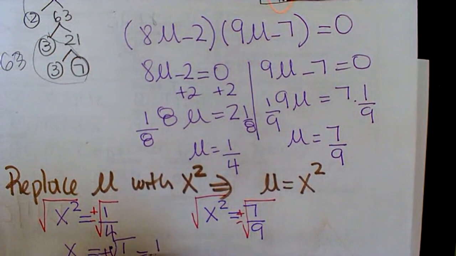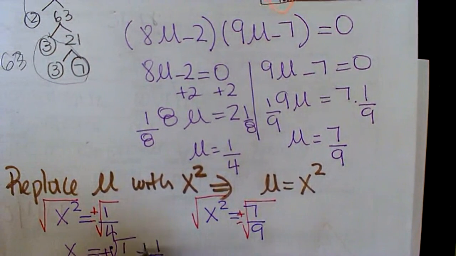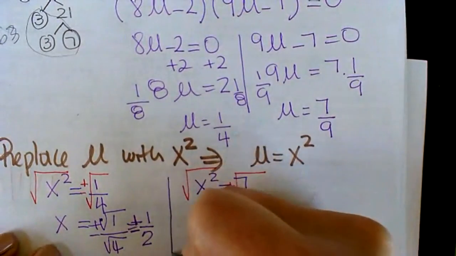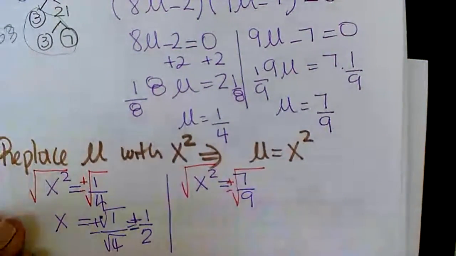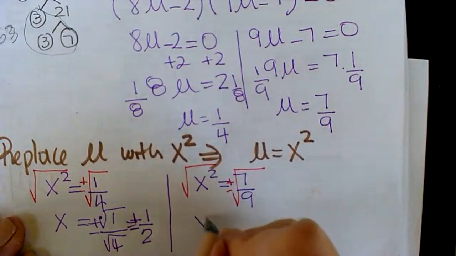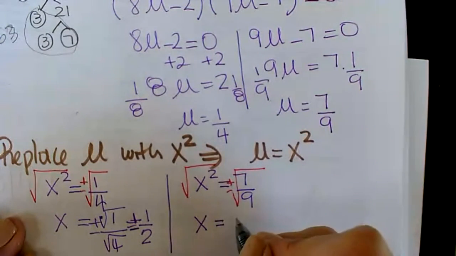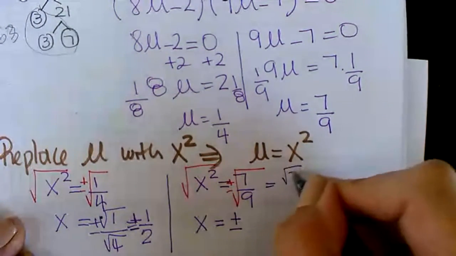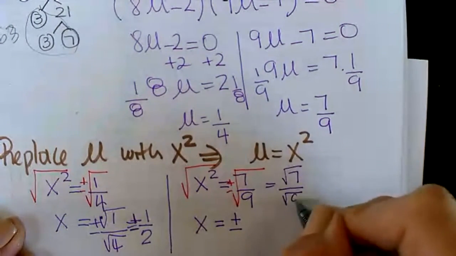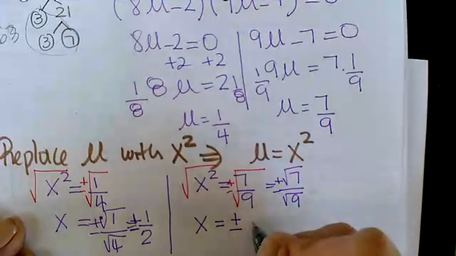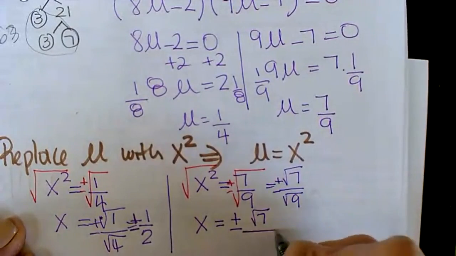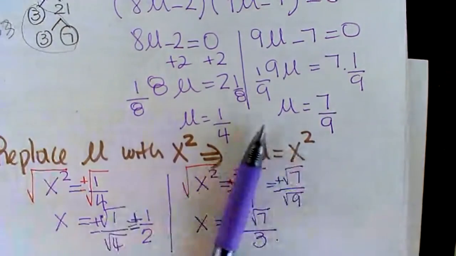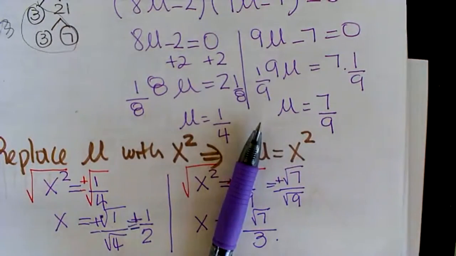So this is equal to 1/2, plus and minus. Don't forget that. This is one answer. And the other one is x equals plus and minus the square root of 7 over the square root of 9, which is the square root of 7 over 3. And I got my two answers.